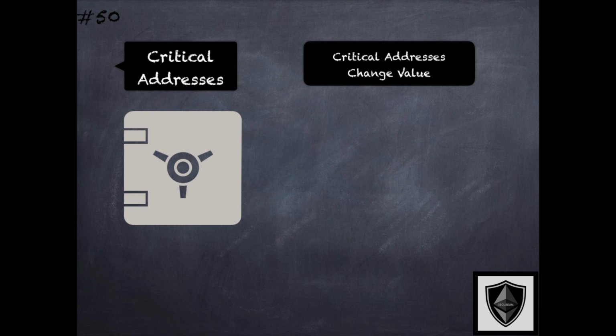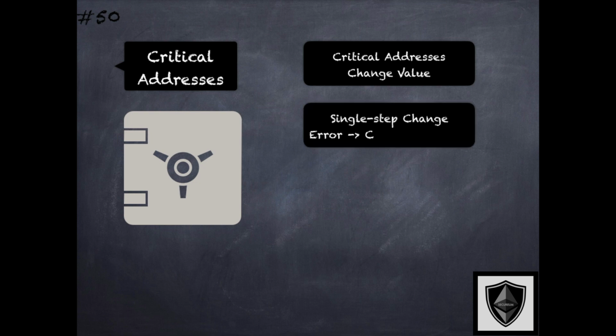So for example, the default owner of a contract could be the deployer of the contract, and we may want to change this to another address later on. Or if the addresses correspond to other smart contracts, then we may want to change the value to another smart contract once we have updated it. In such scenarios, the security pitfall is when this change is done in a single step.